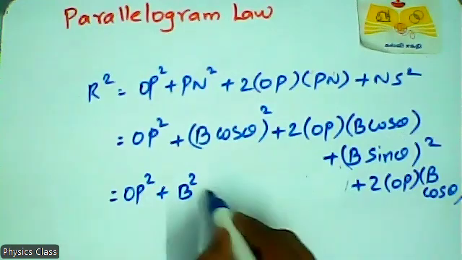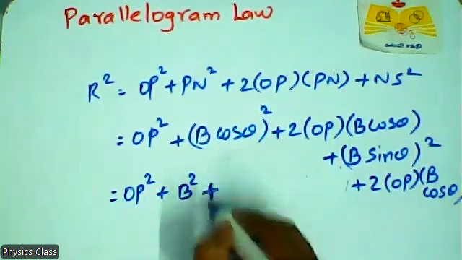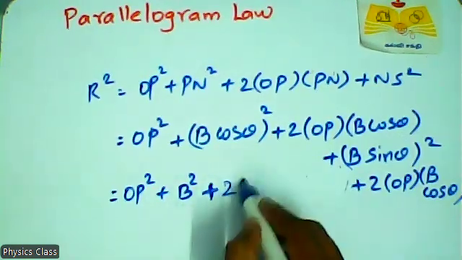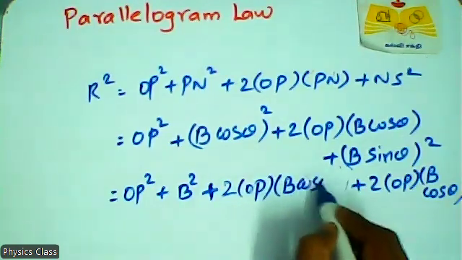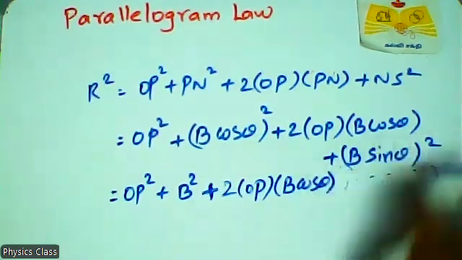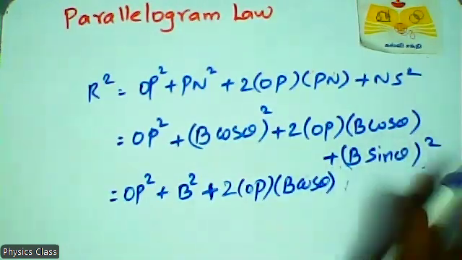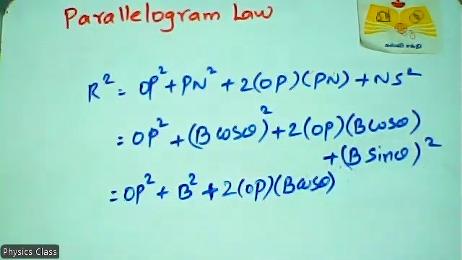So now we will write OP square plus B square plus 2 OP B cos theta.